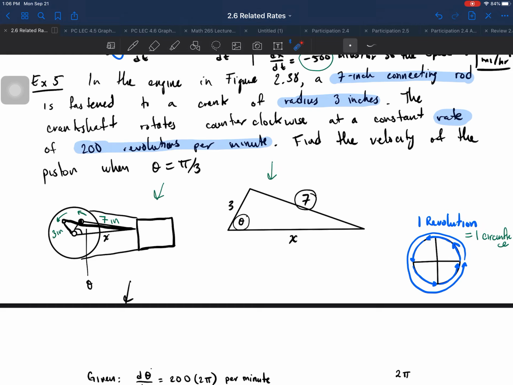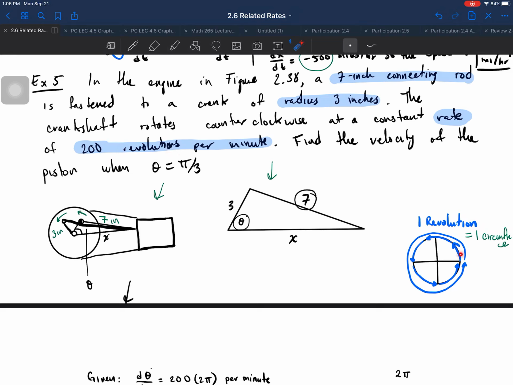And we can see here that they're giving us something about rotation, right? They're giving us that the rod is rotating at a rate of 200 revolutions per minute.